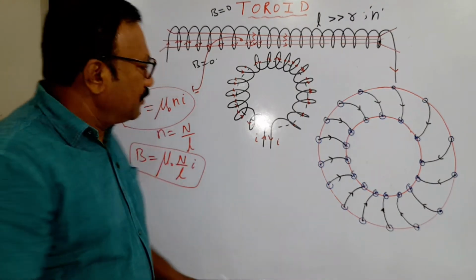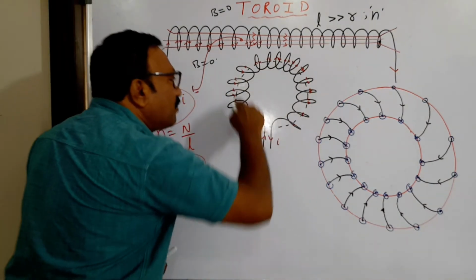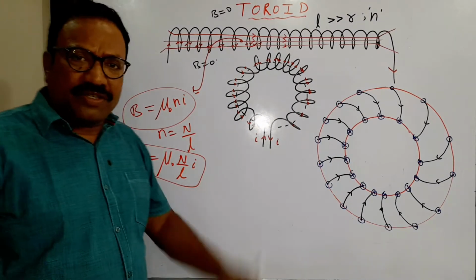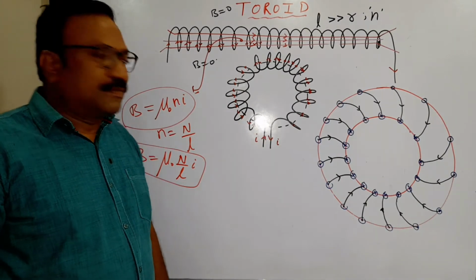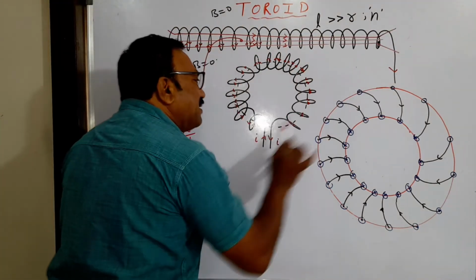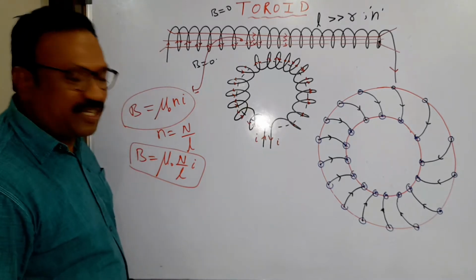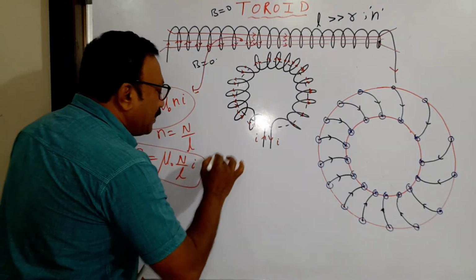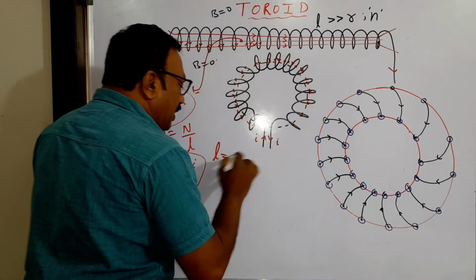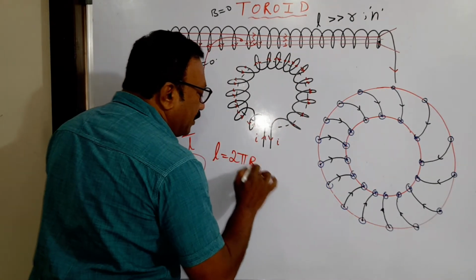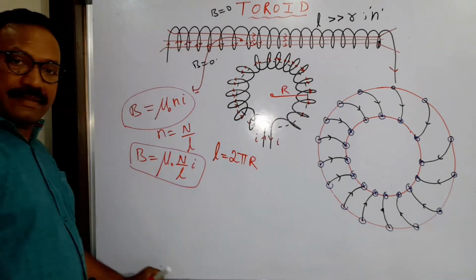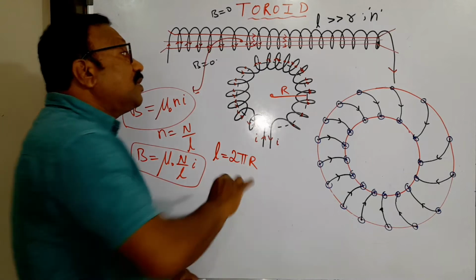So what is the field inside the core of the toroid? No change. At least this length L can be taken as the circumference. That is the only small change I can make here. So the length of the solenoid after making it into a toroid can be written as 2 pi R, where R is the radius of the toroid.